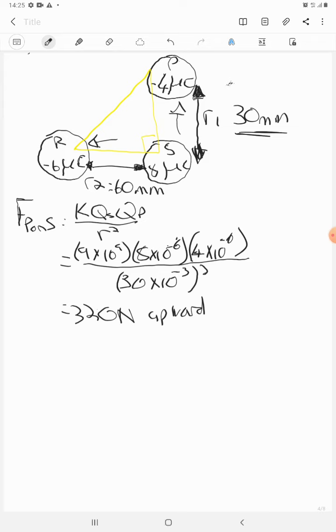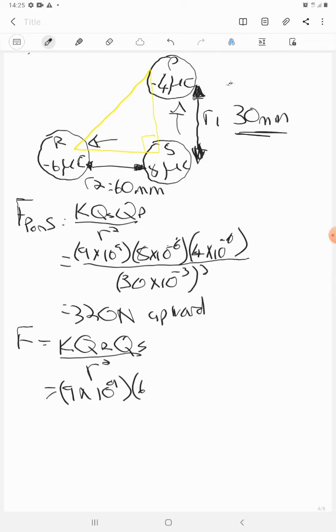So now F, my force, is equal to K QR times QS over R squared. It's 9 times 10 to the power of 9, QR is 6 times 10 to the power of negative 6, and S is 8 times 10 to the power of negative 6 as well.